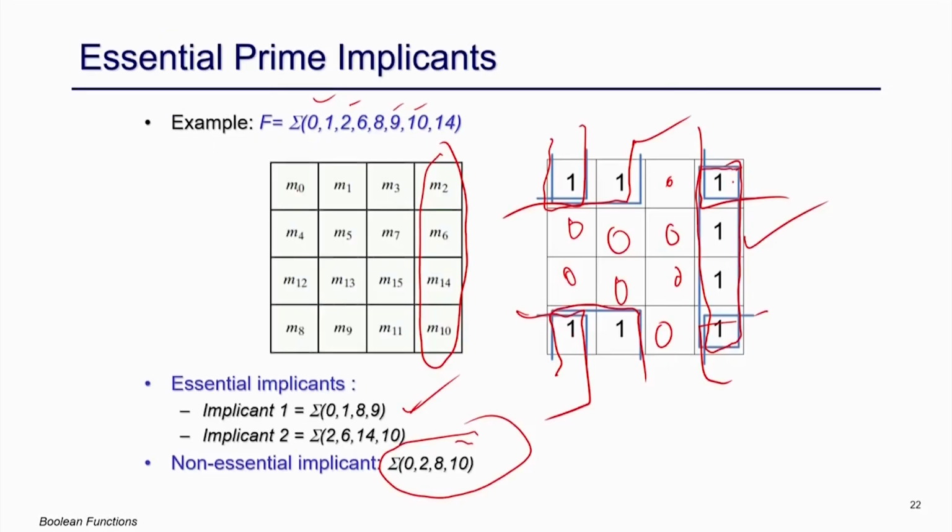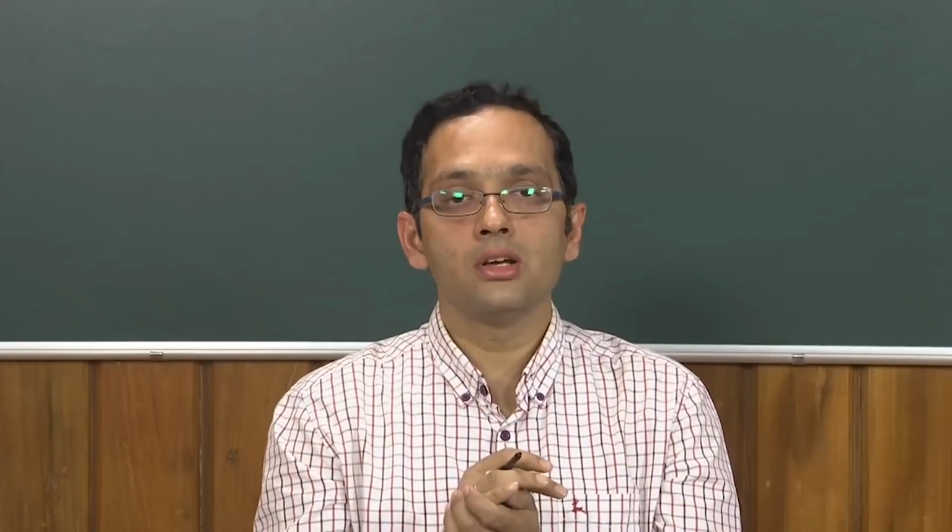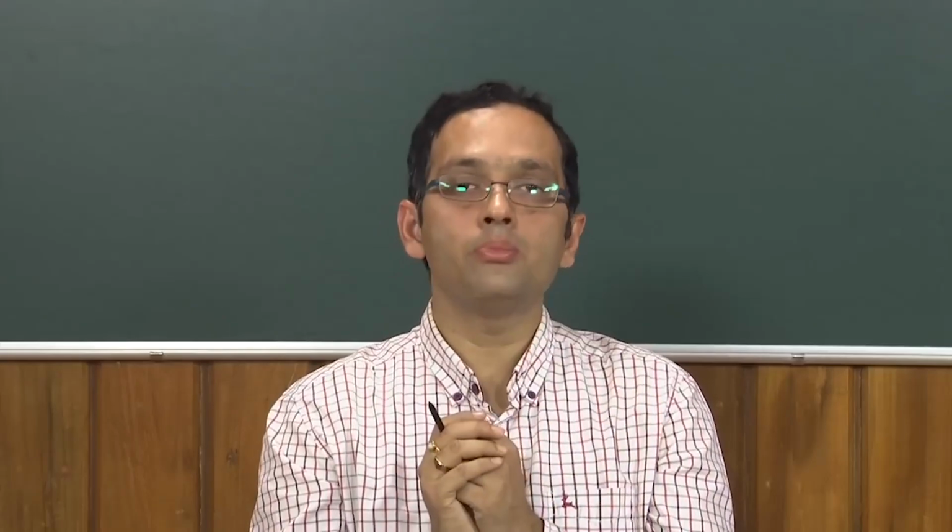So we have not talked about don't care yet. Don't care is something where that particular input combination never occurs. We assume that scenario will never occur, so those inputs are invalid. That is why they are called don't care. Since we know that input combination will never occur, we can take advantage of it.